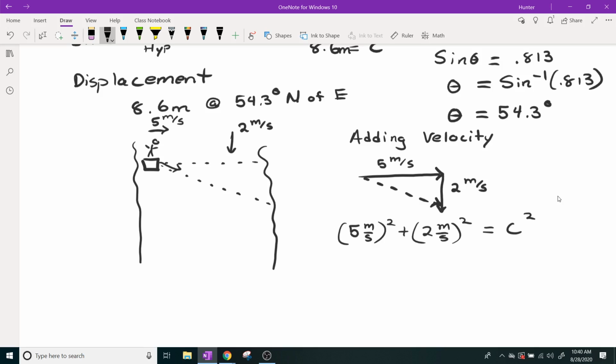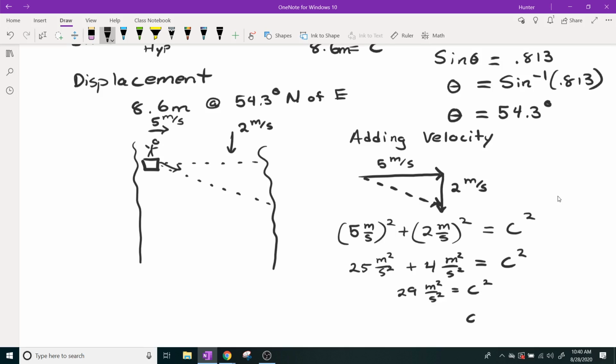Okay, so 5 squared is 25 meters squared per second squared, and the 2 squared is 4 meters squared per second squared. Plus, this gives you a good way to double check. So these units match up, so I can add these together and not go crazy. So 25 plus 4 is 29 meters squared per second squared, which is equal to c squared.